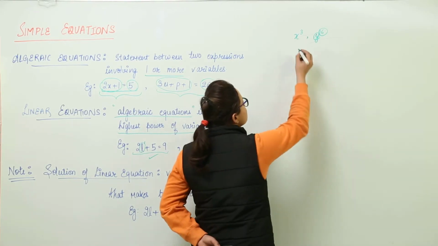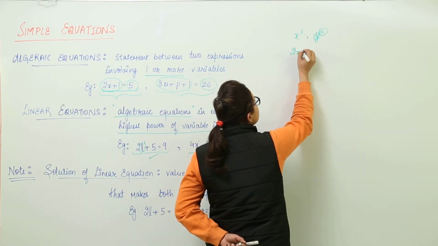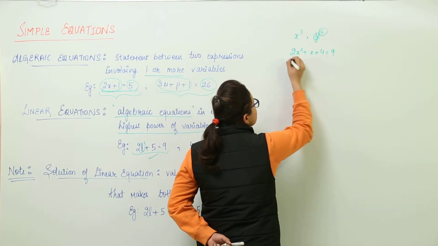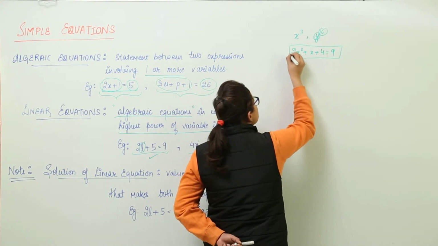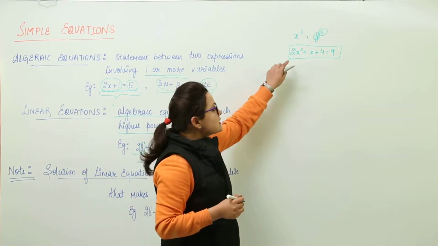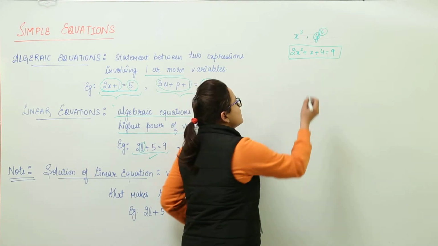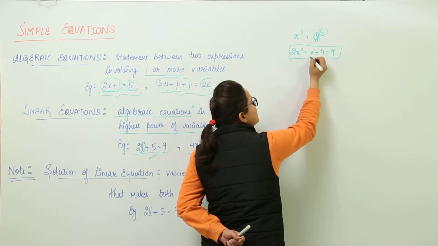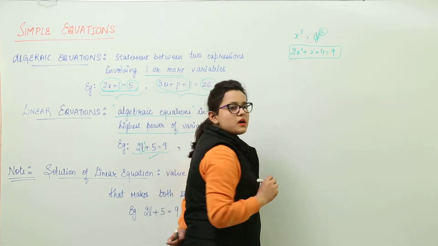You can have some examples like 2x square plus x plus 4 equal to 9. Now this is also an algebraic equation. Here the variable is x, but here the variable x has two powers. This x has power 2, whereas this x has power 1 only. So out of this, which is the highest power?